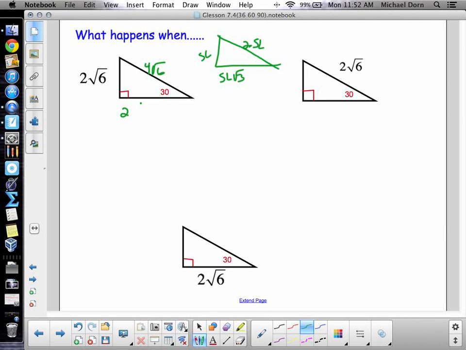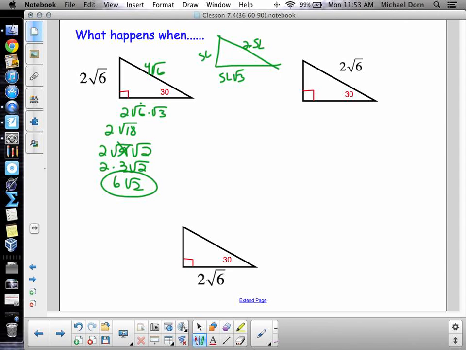And the long leg would be the short leg times the square root of 3. Now I got a little work to do. Root 6 times root 3 is root 18. And can I simplify that? 9. Yeah. So in fully simplified form, that would be 6 root 2. Okay?